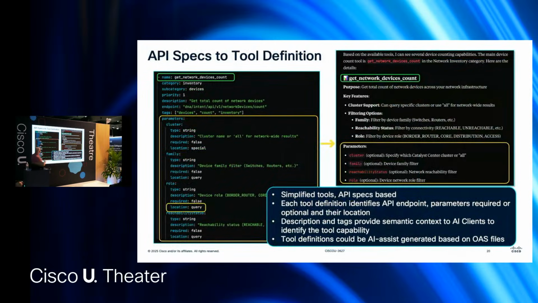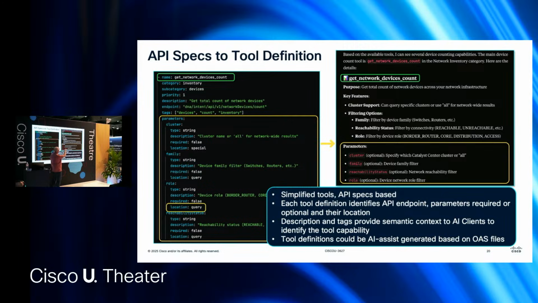So here is a little bit more detail, a little bit easier to see. This is the API endpoint for devices count. These are all the parameters required, the location where the parameters are. This is an API spec that you can collect from Cisco Catalyst Center, from Meraki, from a lot of different security platforms. And this is what I need to provide.